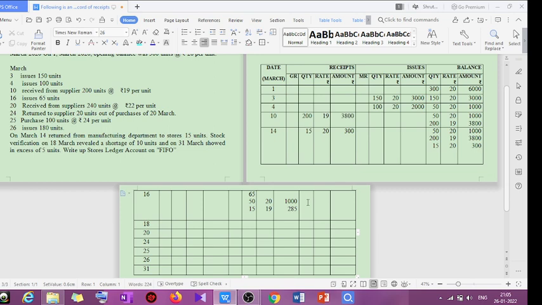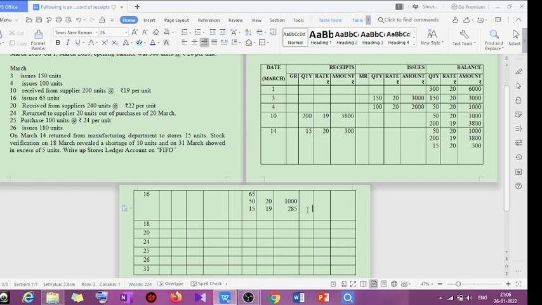Okay, now you have to write the balance. Now how to write the balance here? Listen carefully. First there were 3 slots. Out of that, the first slot is gone. Okay, we have issued it to the departments. Then from the second slot, out of 200, we have given 15. So how much remained?